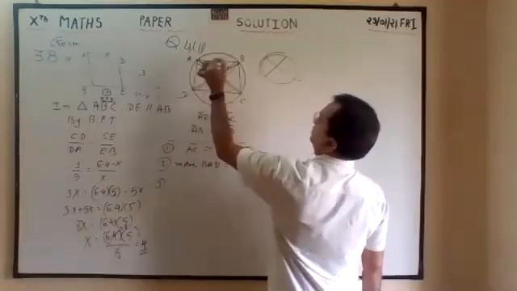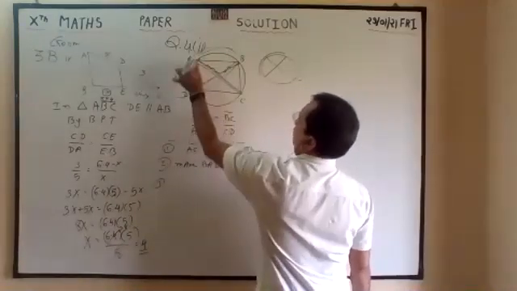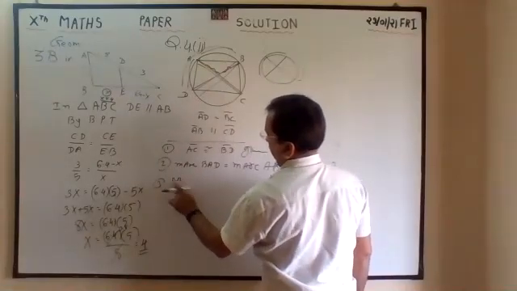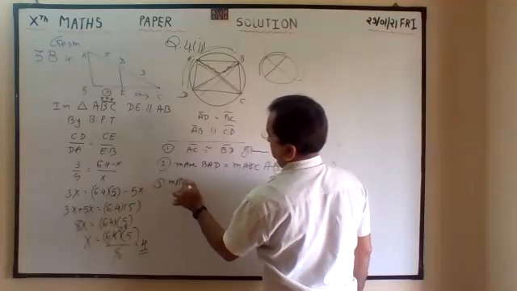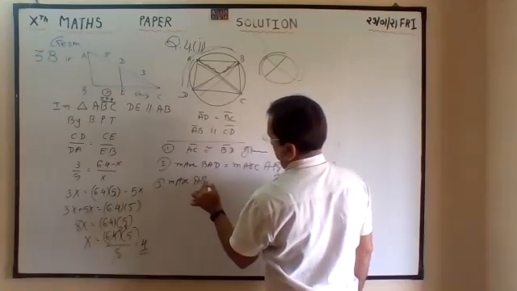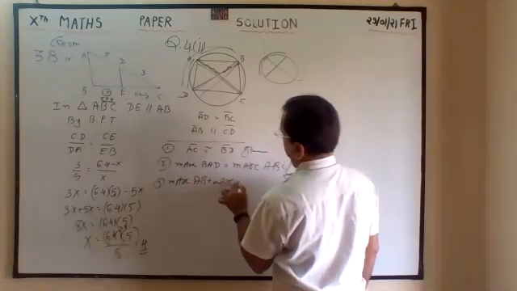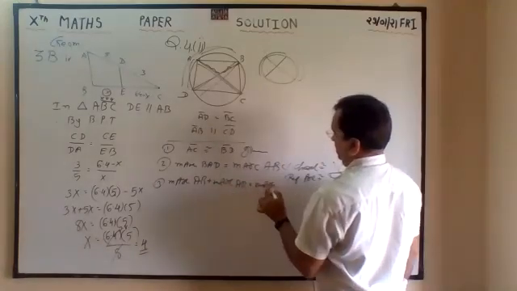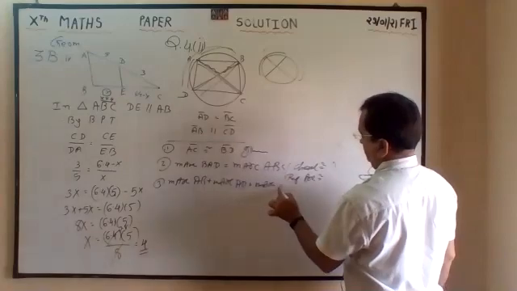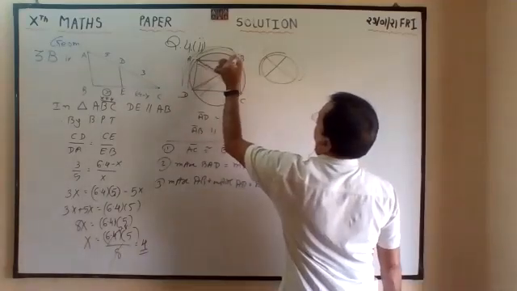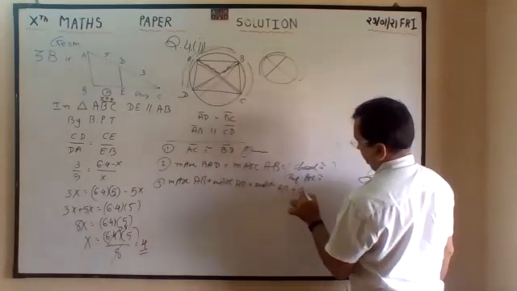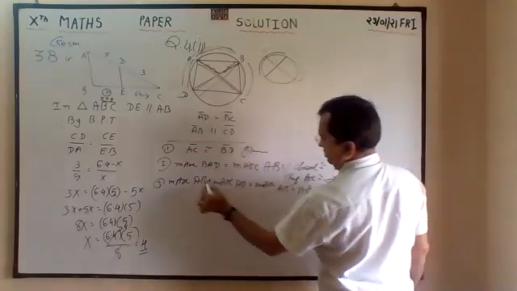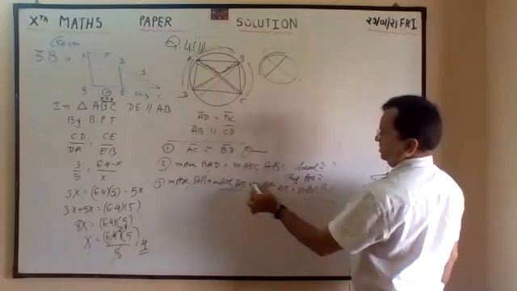Now you break this arc into two parts. Major arc AB plus major arc AD. Major arc AB is made up of AB, BC. AB, AB cancel. So what remains?